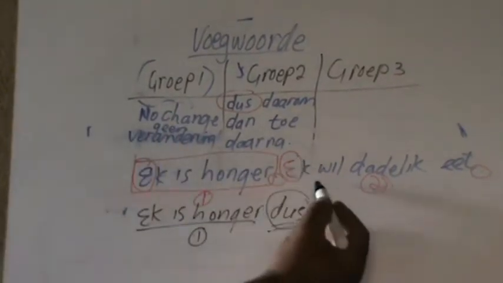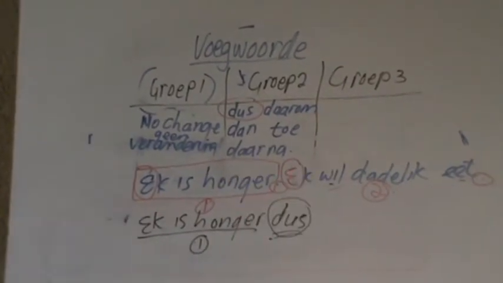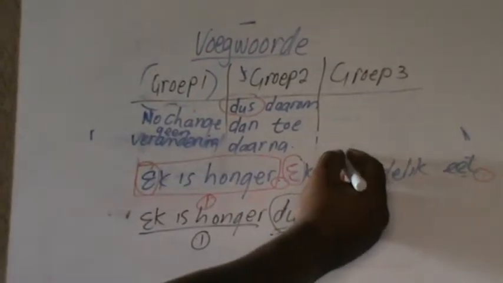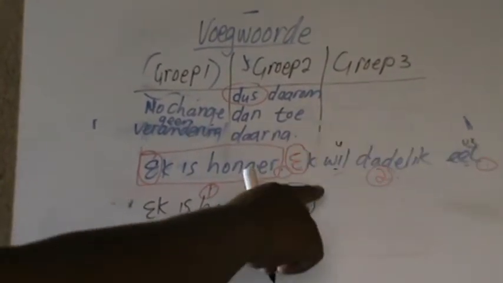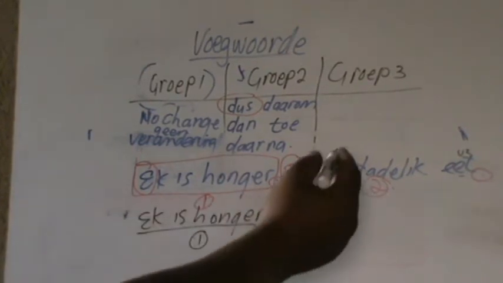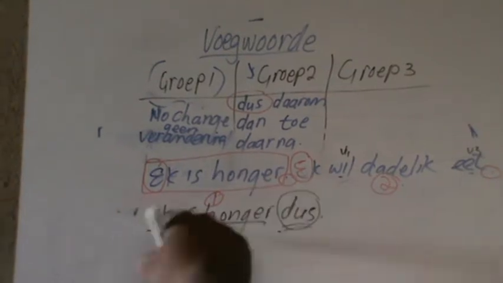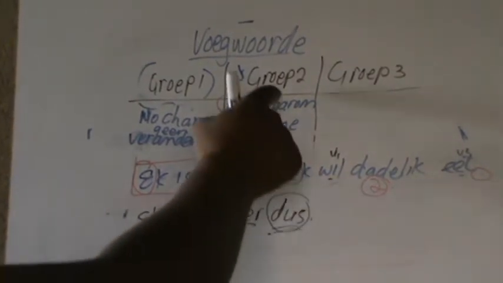In my sentence I have a helping verb, will, right? So this is my verb 1, that is my verb 2. Now we will normally use the verb 1, so verb 1 is added after my conjunction in group 2.